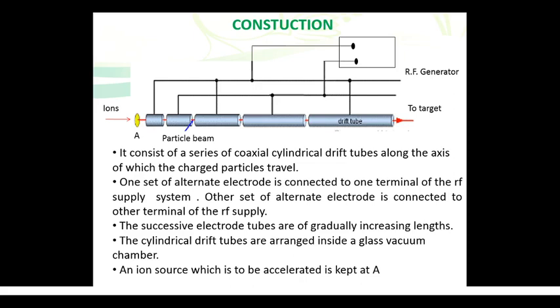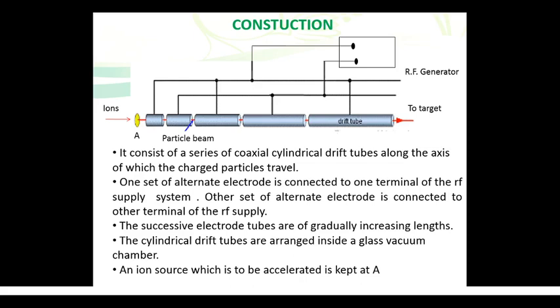In a linear accelerator, the successive electrodes are of gradually increasing length. Here you can see the first drift tube has a small length, the second drift tube has a greater length than the first, and the last drift tube has the highest length.